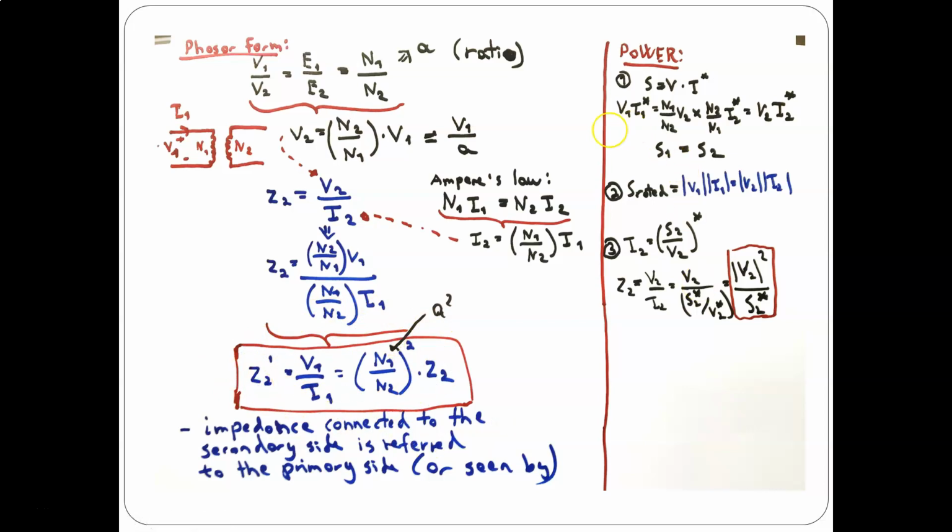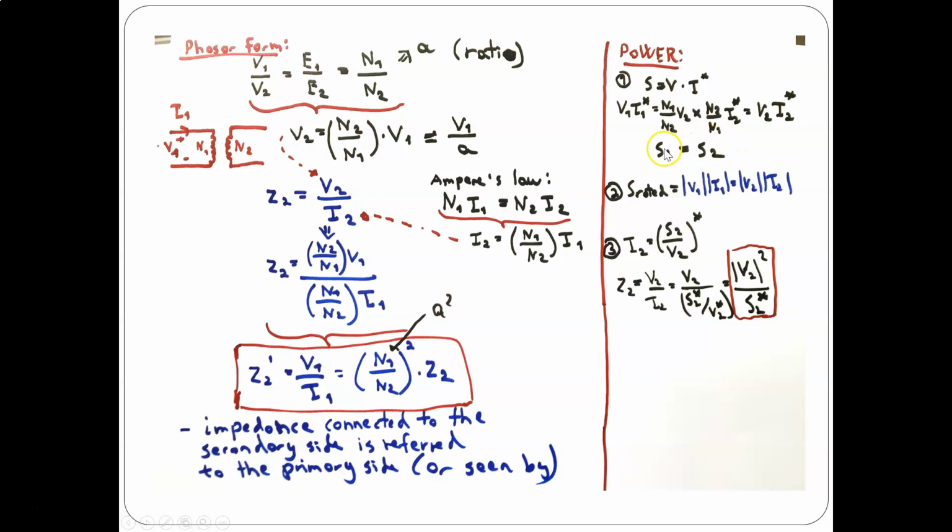Also for the power we have some important things that we can look at. Of course, we know that the complex power is the voltage times the current complex conjugate. So we can write down the relationship between the primary side and the secondary side, and we can see that it becomes equal. So in such an ideal transformer we have conservation of energy.